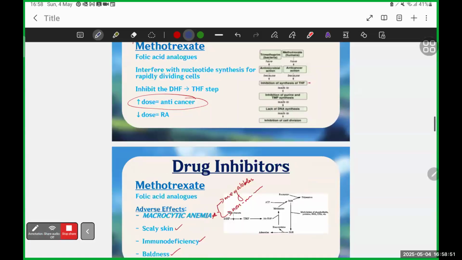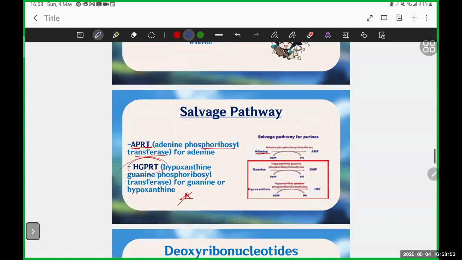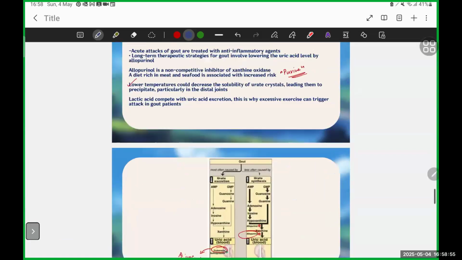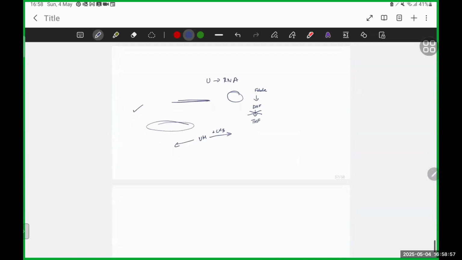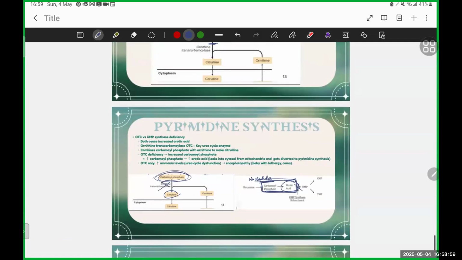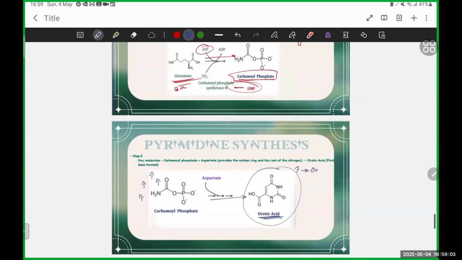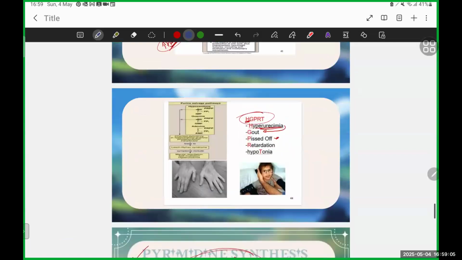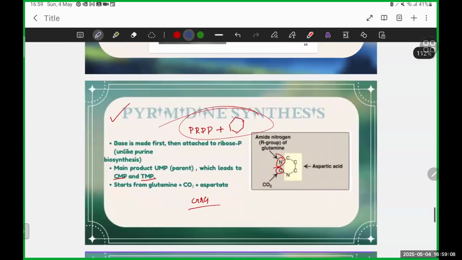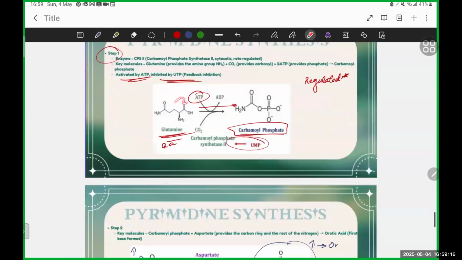Okay. First of all, this is not needed. Glutamine.